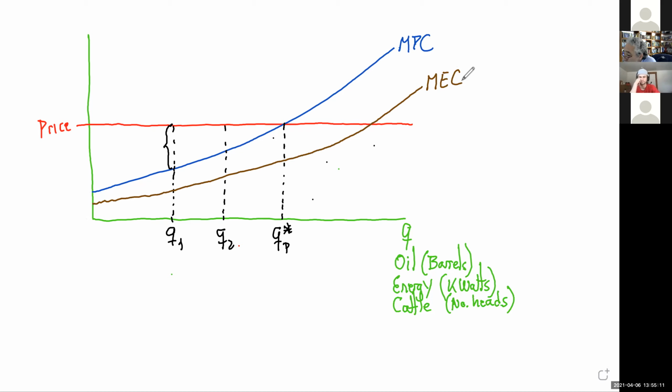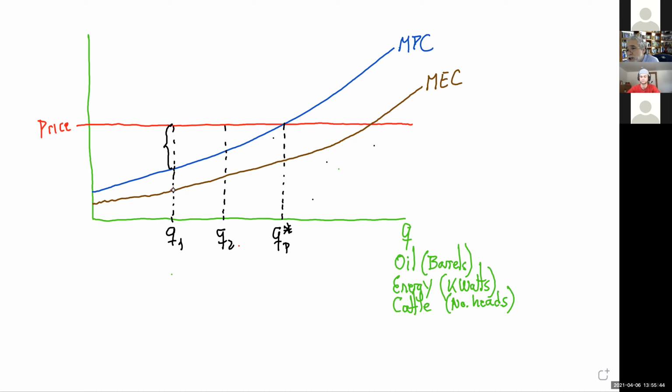What I'm trying to say is that at Q1, this distance here between Q1 all the way up to the brown line is, at the margin for that level of production of Q, whatever your preferred unit is, the cost to society of those levels of production at Q1.